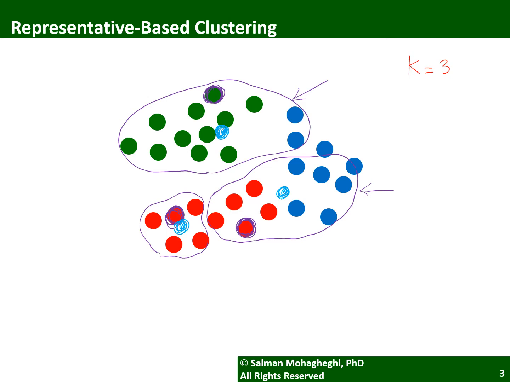With these at hand right now, what I will do is reassign all the data instances into the new clusters. So let's say when I do this, let's start with this guy. I want to know what points are closest to this representative as opposed to the other two.